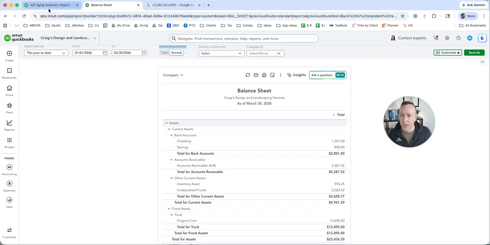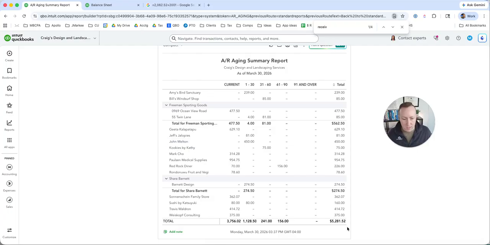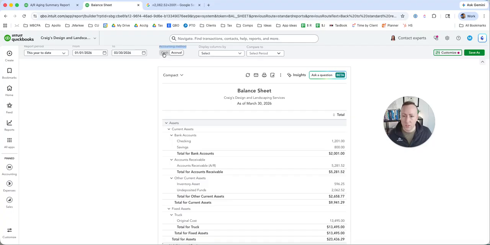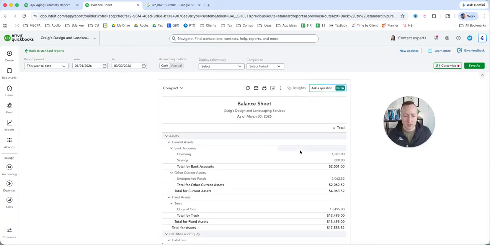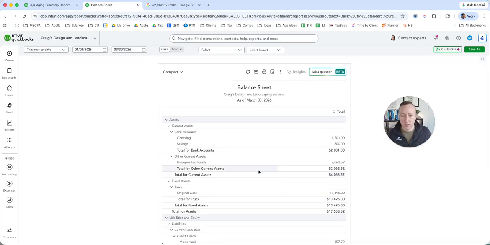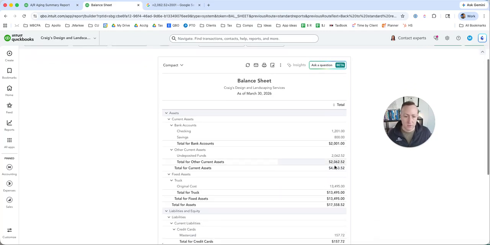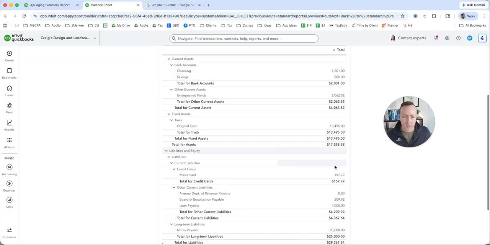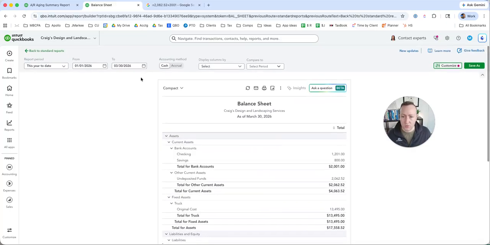But since the concept of AR is accrual-based accounting, if we switch this to cash, accounts receivable goes away completely on the balance sheet. So QuickBooks does not even factor in receivables when we switch to the cash method of accounting.